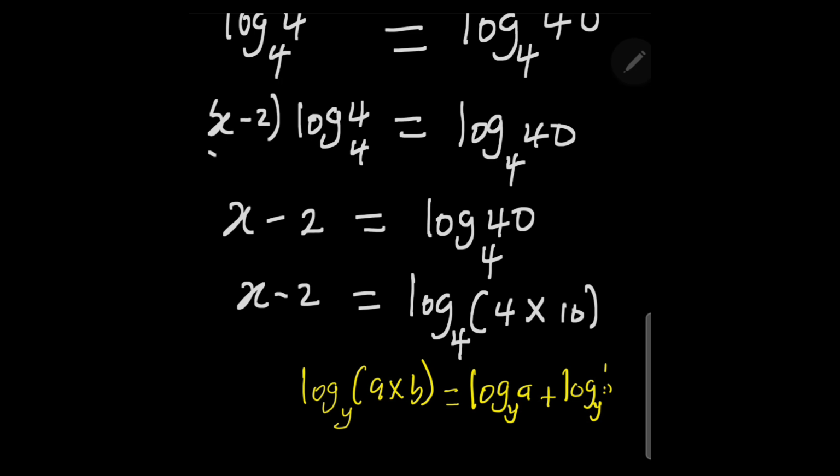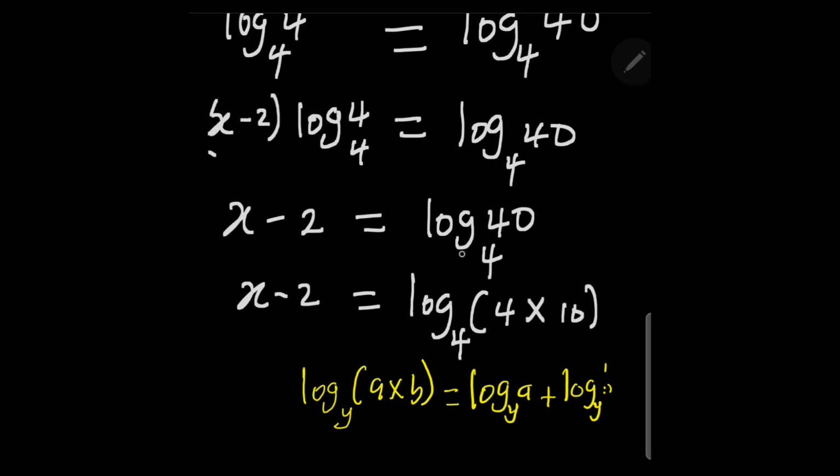What do you notice here? Log of a multiplied by b: since there is multiplication, the terms in the bracket are separated by addition, and each of them will have log to base y. So the right hand side of this equation is in the form of this property.